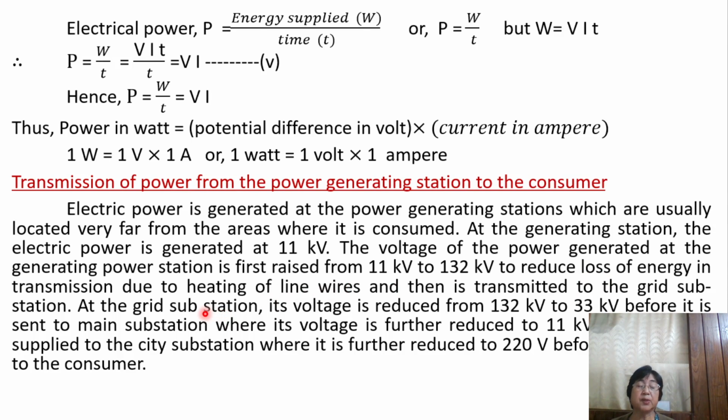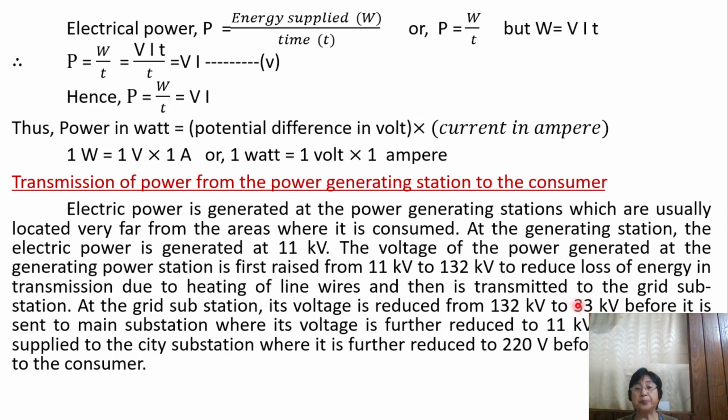This grid substation will be reached by transmission through the high tension wires. When the power reaches the grid substation, its voltage is reduced from 132 kilovolt to 33 kilovolt first.